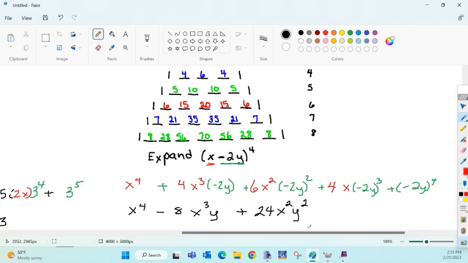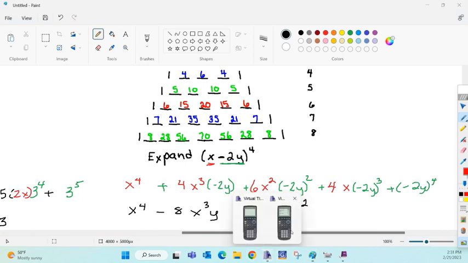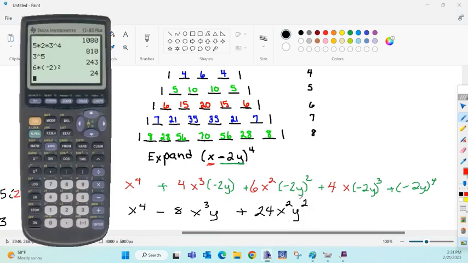And then over here, 4 times parentheses negative 2 to the third power. So negative 32. 4 times negative 2 to the third power.